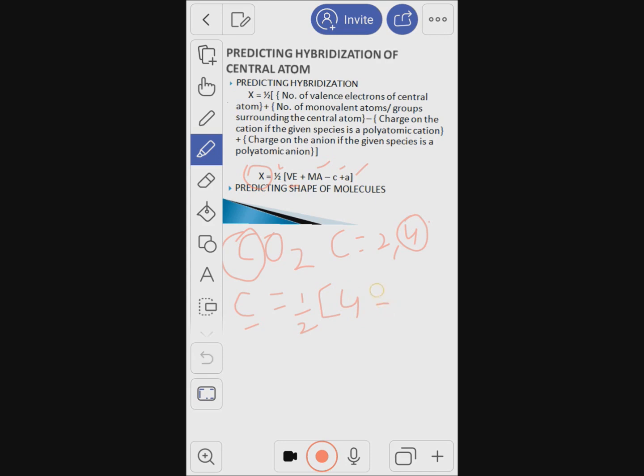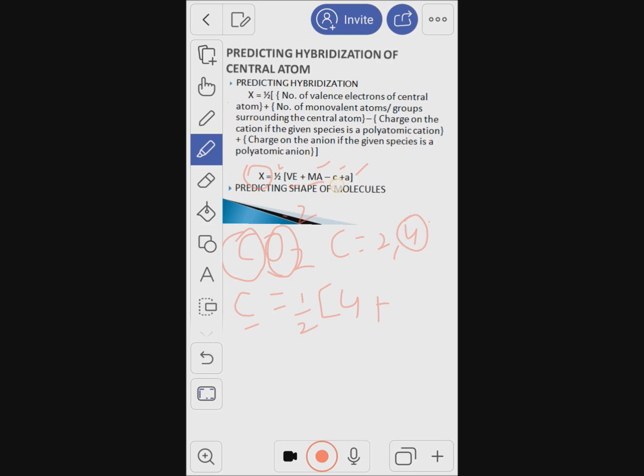Plus the number of monovalent atoms according to the formula. But here oxygen is not a monovalent atom. It is a divalent atom because it has a -2 charge on it.